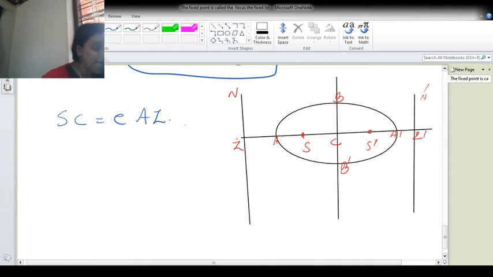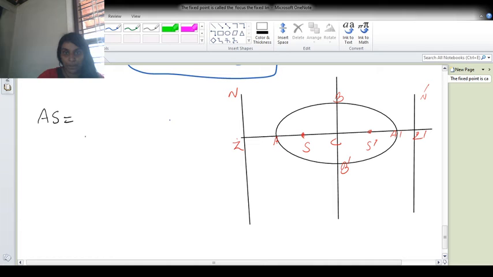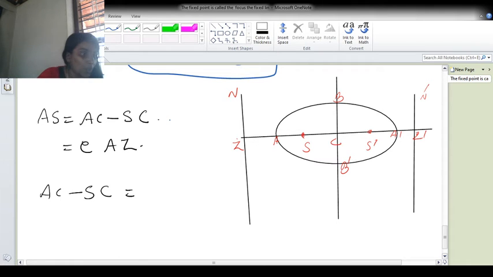SC is the same as what we already wrote. I will write AS equal to AC minus SC. AS can be written as e into AZ. So AC minus SC equal to e AZ.